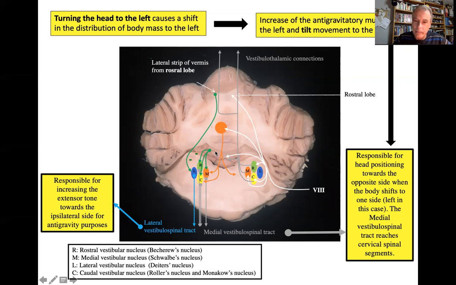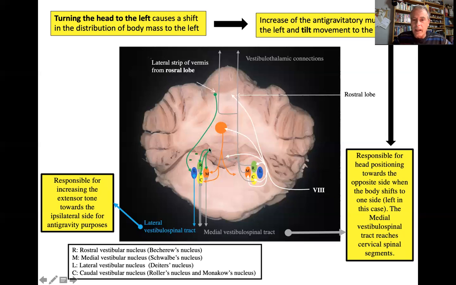However, look at that. In green, the flocculonodular lobe projects inhibitory GABAergic neurons to the rostral, caudal, and medial vestibular nuclei. These nuclei project through the medial vestibulospinal tract.